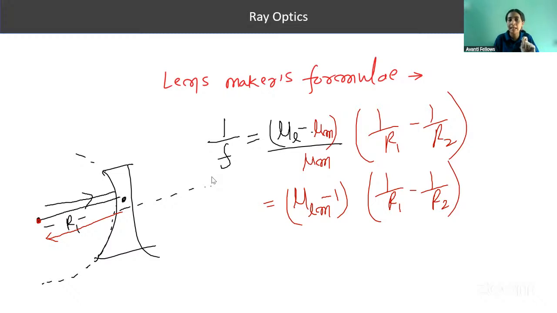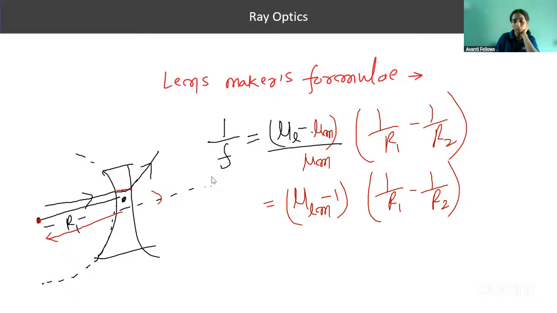R1 is that surface on which light is incident, and the other one will be R2. From here light is getting refracted, but I made this diagram wrong because this is a concave lens. Light will get refracted something like this.